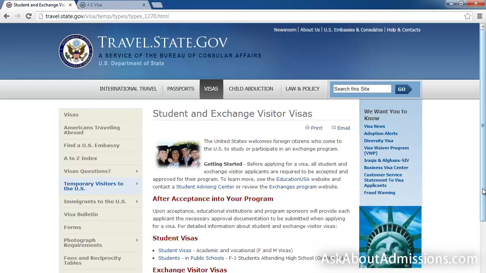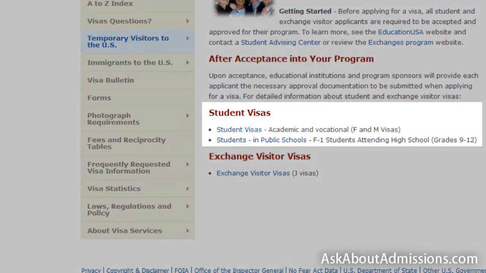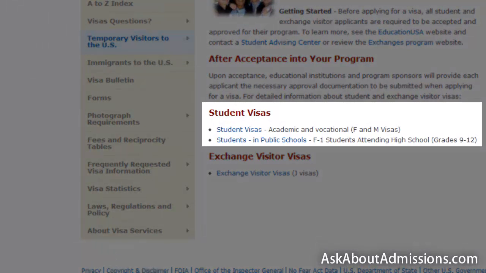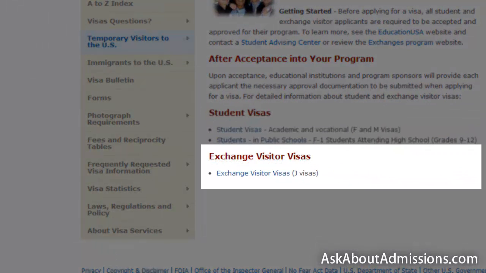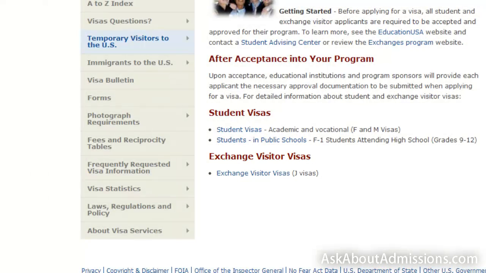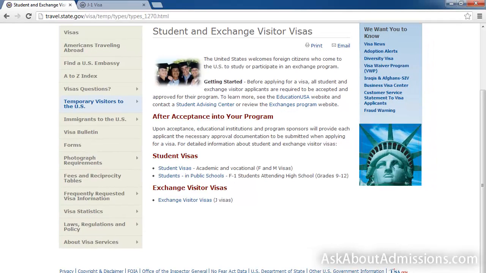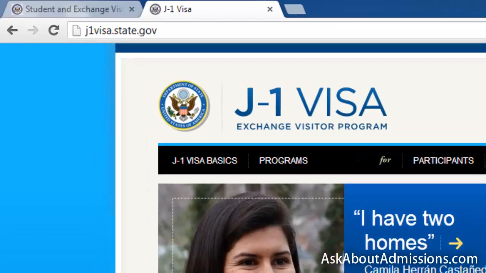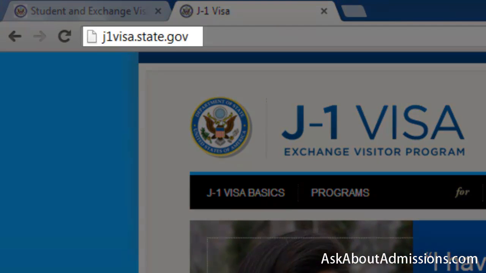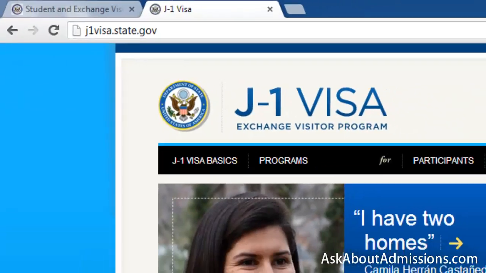Here we can see two sections: Student visas, referring to F and M visas, and Exchange Visitor visas, referring to J visas. In addition to that, there is a J visa dedicated site. This site has a pretty self-explanatory URL: j1visa.state.gov. Let's go ahead to a side-by-side comparison of the three visa types.